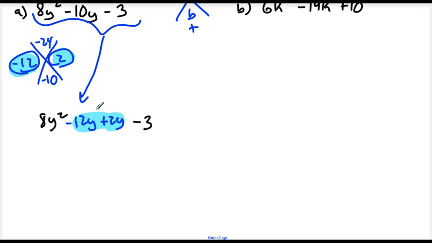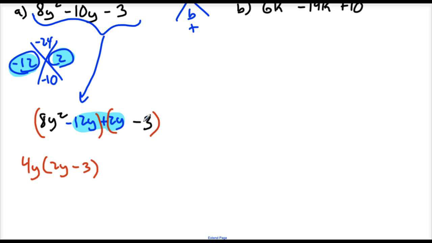Again, the way that we factor by grouping is we put parentheses around the first 2 terms and then parentheses around the second 2 terms. Now we factor the first GCF. The GCF of 8y squared minus 12y is 4y. So what goes back inside? 2y minus 3.